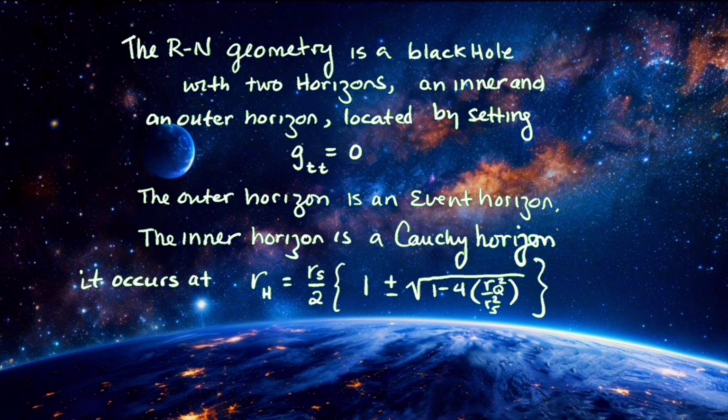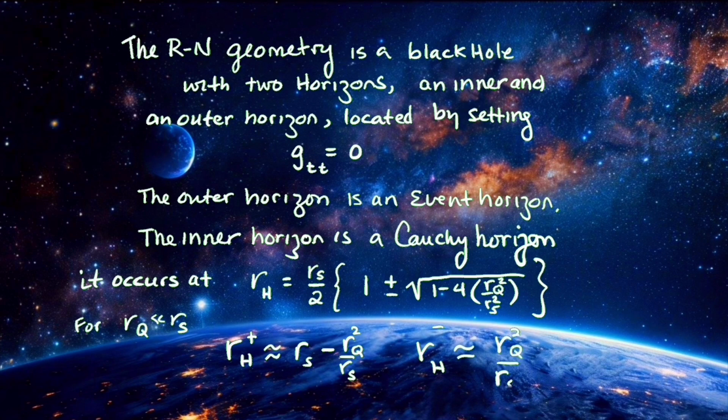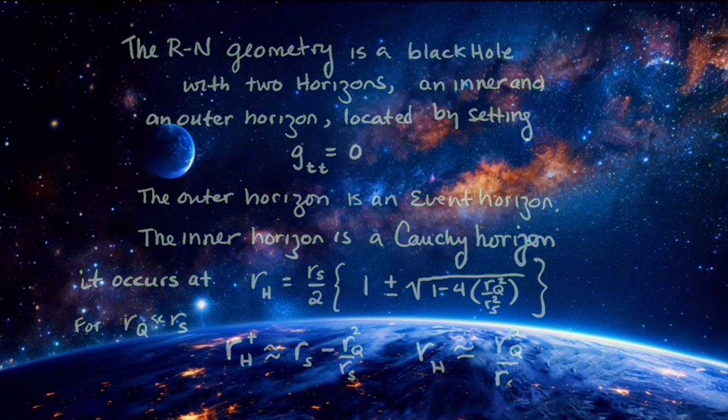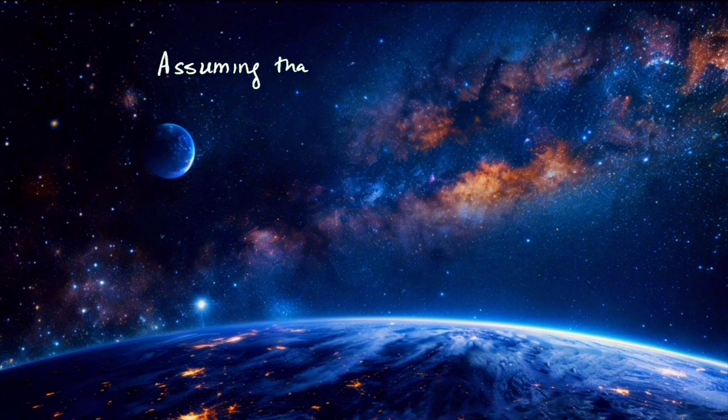And it occurs at the radial horizon term here, given in terms of the Schwarzschild radius and the charge radius as well. Remember, capital Q is a combination of both electric and magnetic charges.